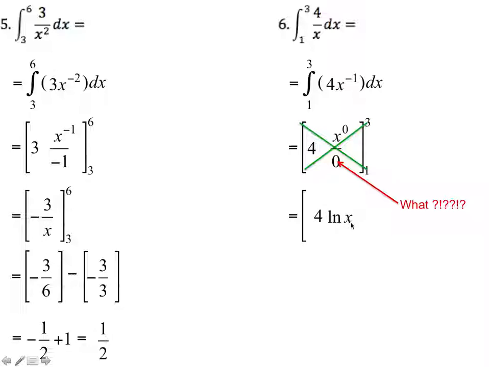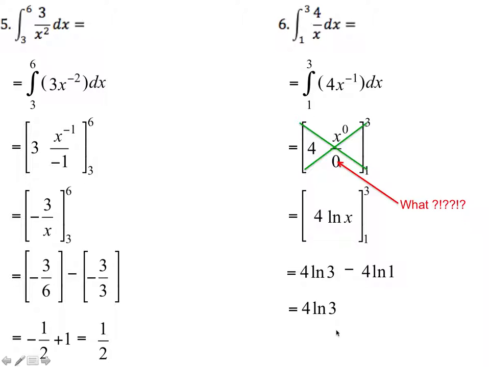So when we take the derivative of the natural log of x, we get 1 over x. So this definite integral ends up being 4 times the natural log of x, and we're going to evaluate that from 1 to 3. So we're going to plug in our upper limit 3, and then we'll plug in our lower limit 1, and the natural log of 1 is 0, so this whole thing goes to 0. So the value of this definite integral ends up being 4 natural log of 3.